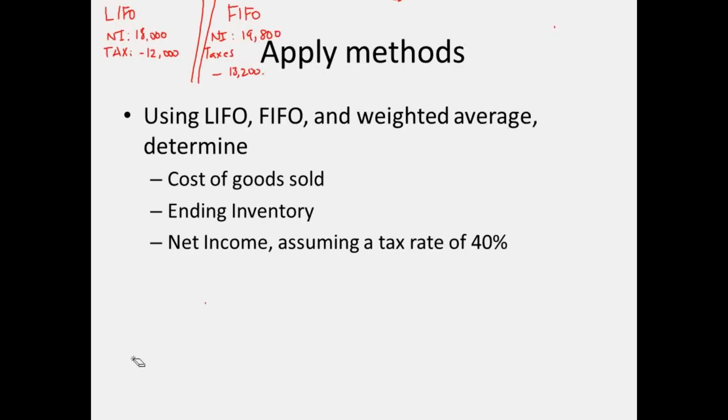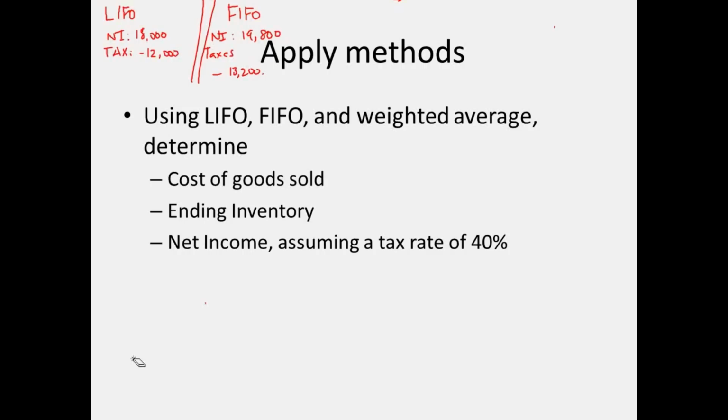Because if prices were to first go up and then go down, it's anybody's guess which actually results in the bigger tax burden. So if you were ever asked, why do you think this company didn't choose LIFO, you could say, well, it's not clear that prices are consistently increasing, and therefore it is not actually an advantage to that company to be on LIFO.